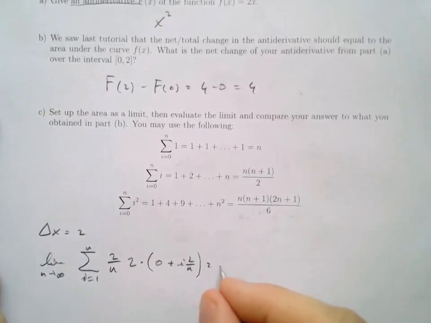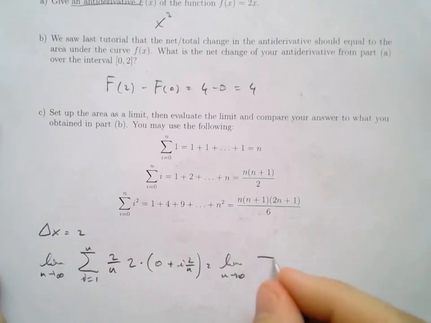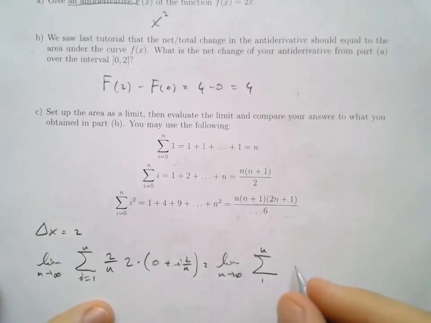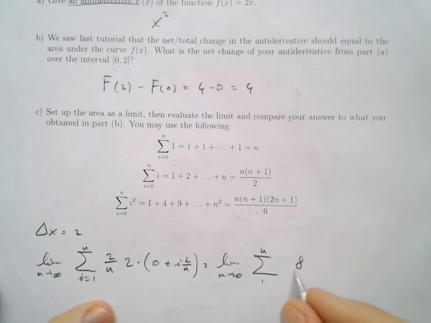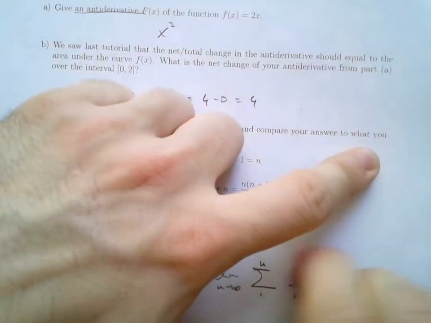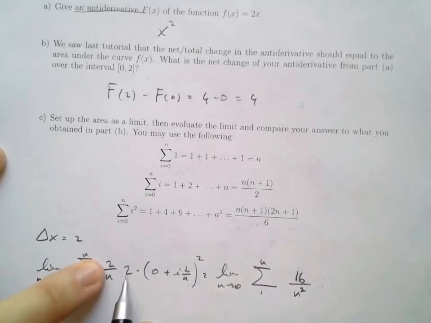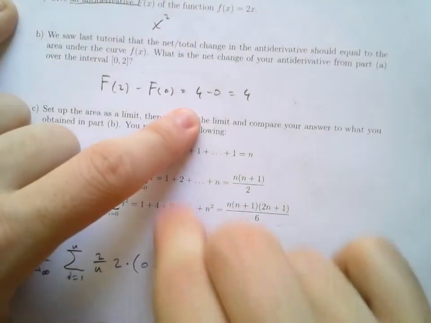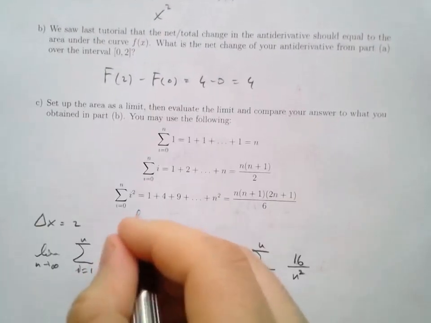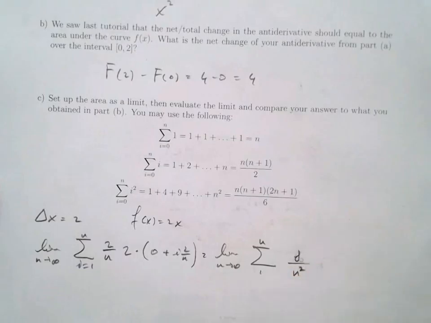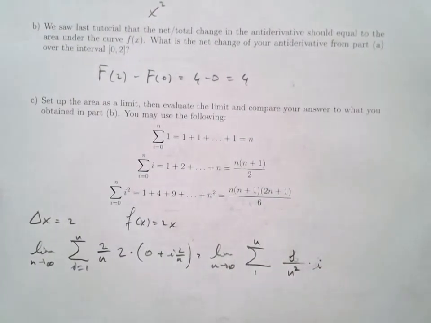Let's do some algebra with this. 2 times 2 times another 2, that's 8, divided by n squared, times i. I'm not squaring, it's just 2x, so it's 8 over n squared times i. Okay, excellent.